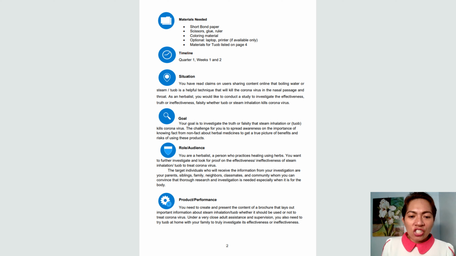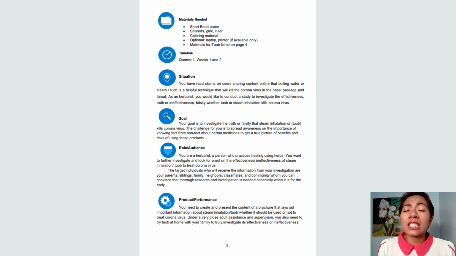So, the challenge for you is to spread awareness on the importance of knowing fact from non-fact about herbal medicines, to get a true picture of the benefits and risks of using these products.